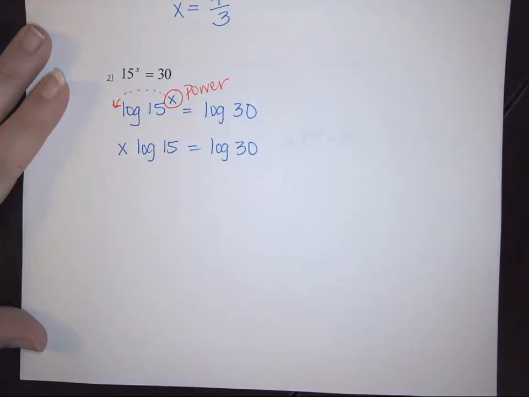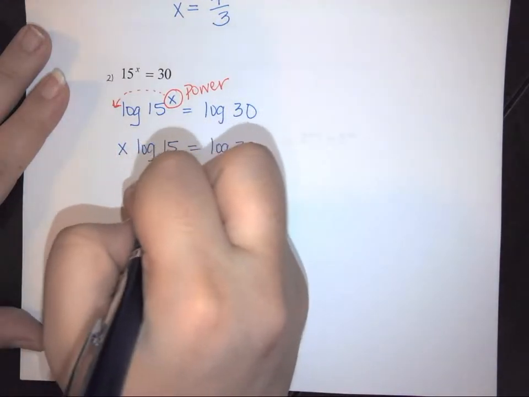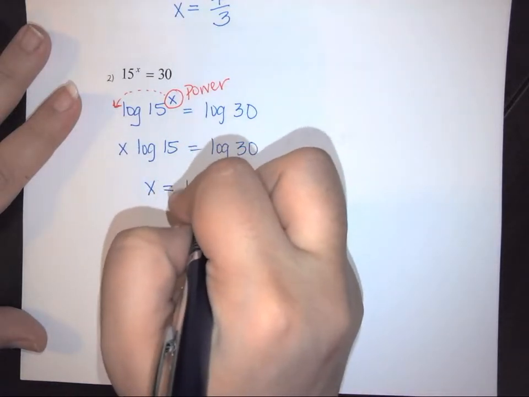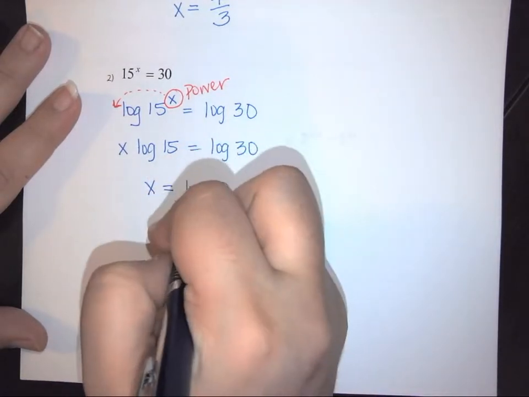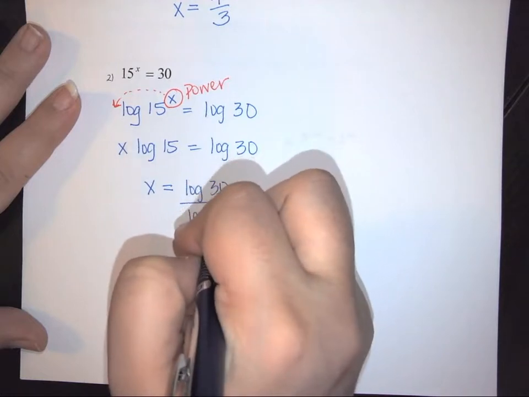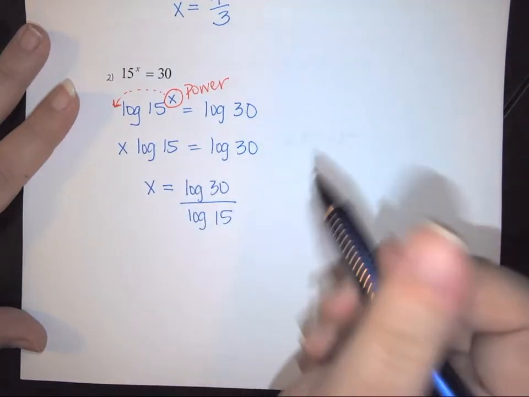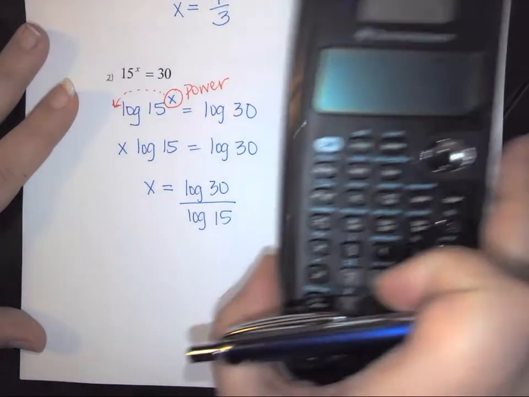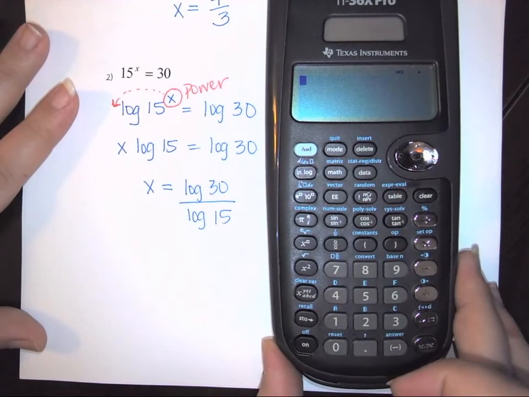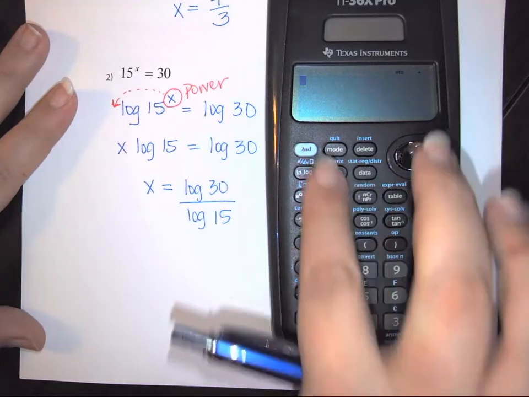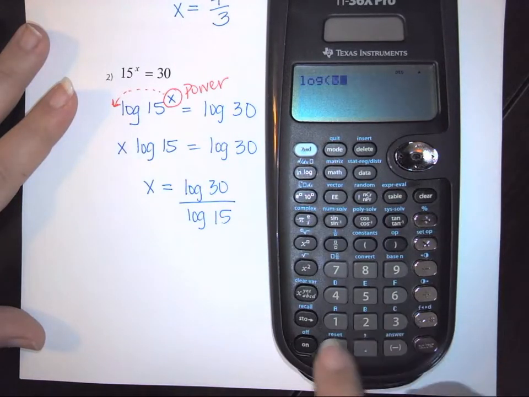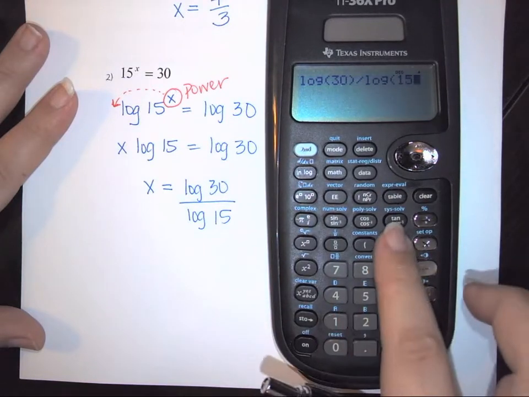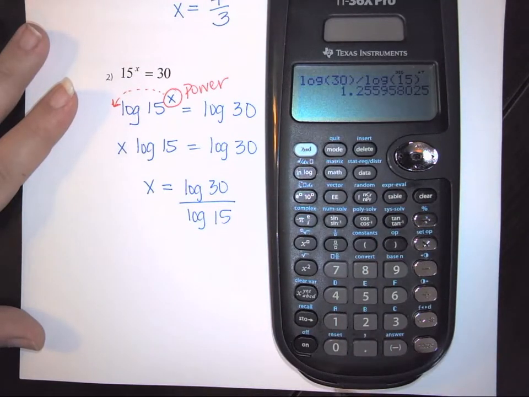I need to solve for x, so I've got to divide both sides by that log of 15. So this becomes the log of 30 over the log of 15. And so here we would use our calculator. So in our calculator, we would do the log of 30 divided by the log of 15. Hit enter.